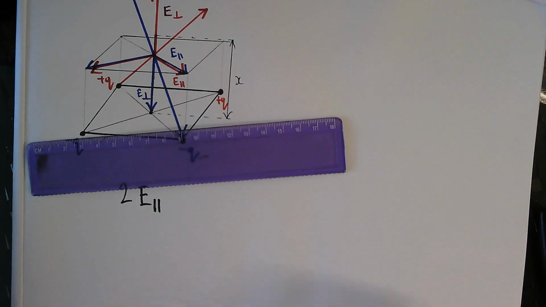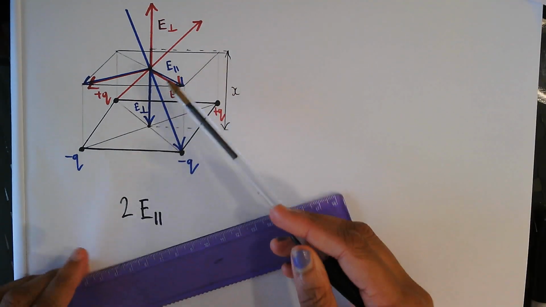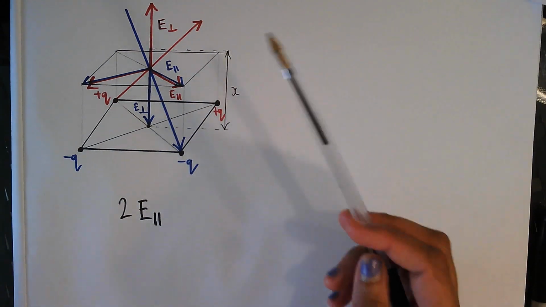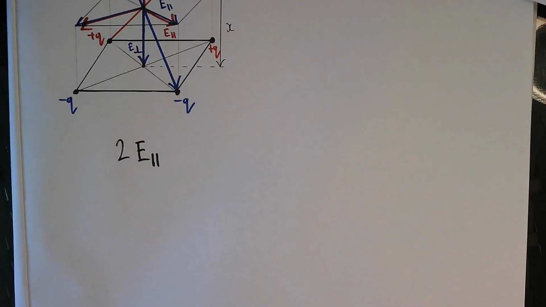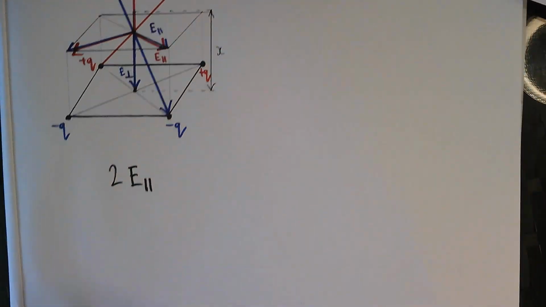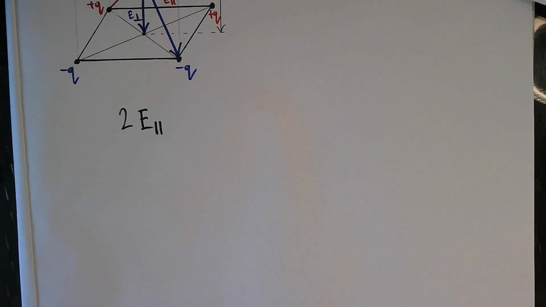And they have the same magnitude as these components, this E parallel. So overall, if I redraw this diagram with just considering this plane, the overall charge is going to look something like this.